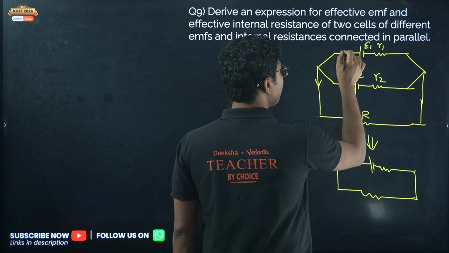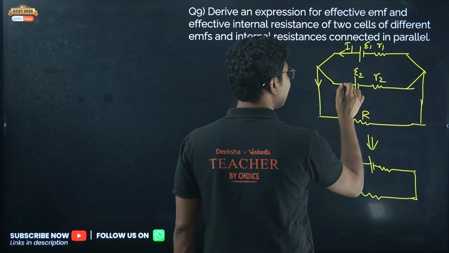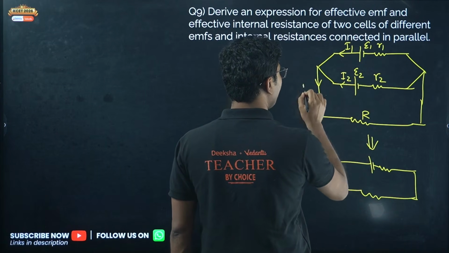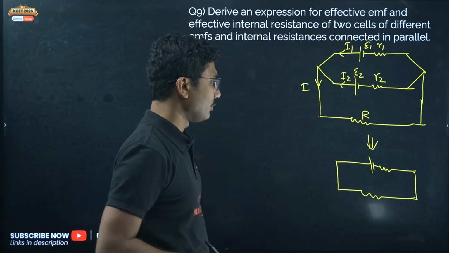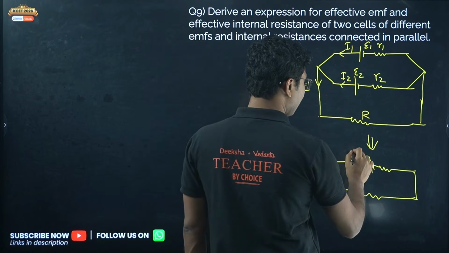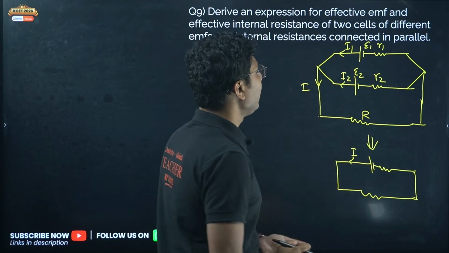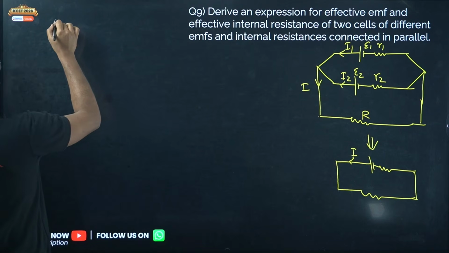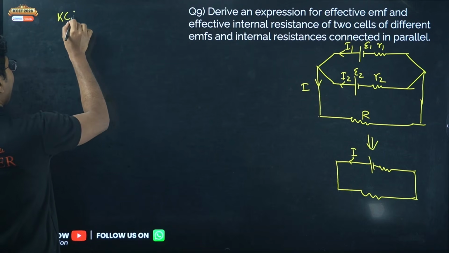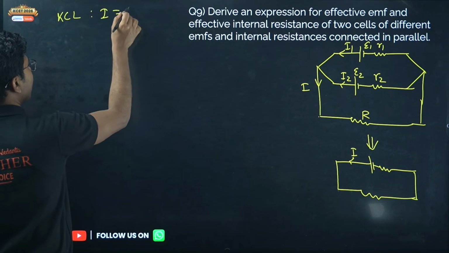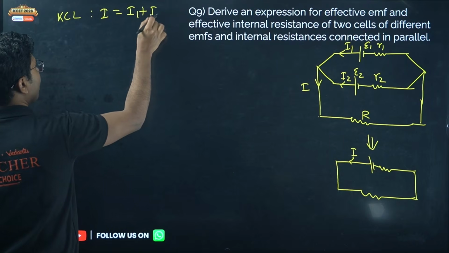Suppose the current in this is I1 and the current in this is I2, then the total current I equals I1 plus I2, but in the equivalent circuit the same current I will flow. So first, KCL gives us I equals I1 plus I2.